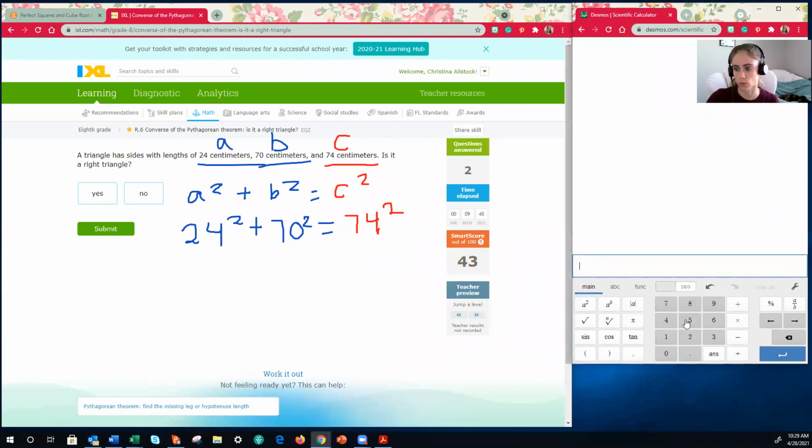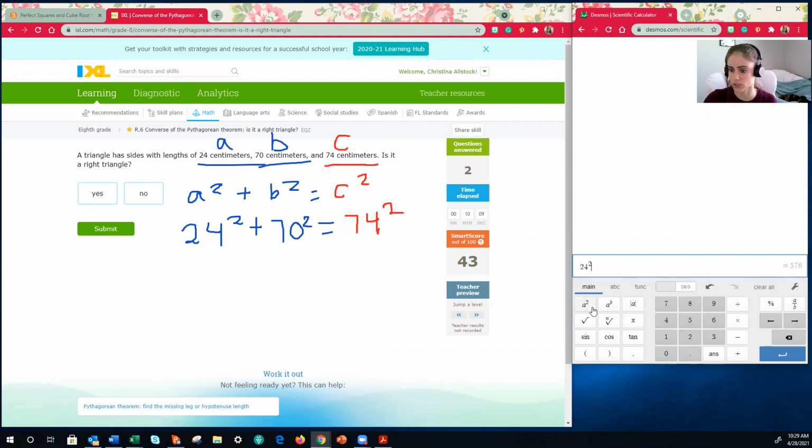All right, these are all ones where I would use a calculator, and the calculator I'm using, guys, is the Desmos Scientific Calculator. The reason I like this one is because it's a very similar format to what you will see on the FSA, that online calculator. So it helps get you used to the calculator buttons and their functions.